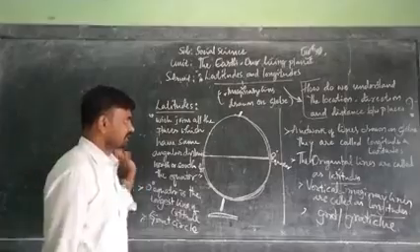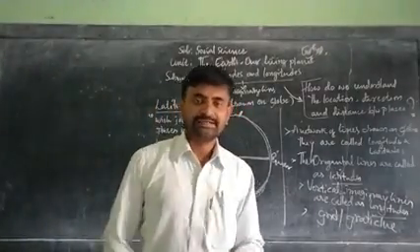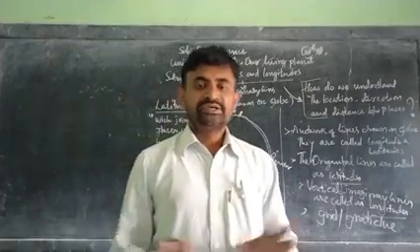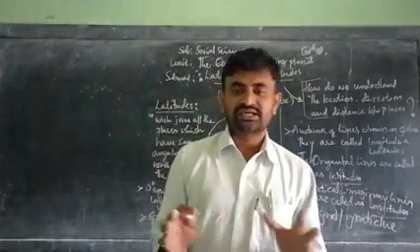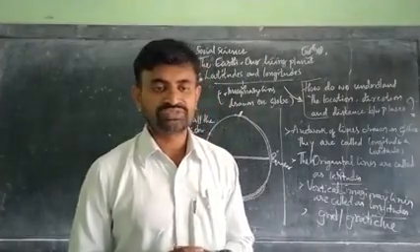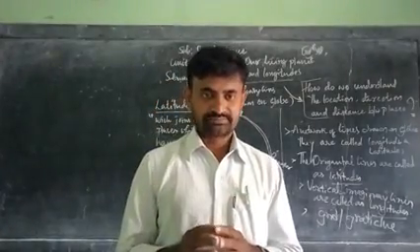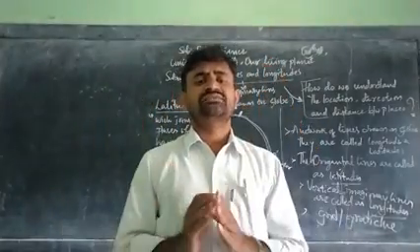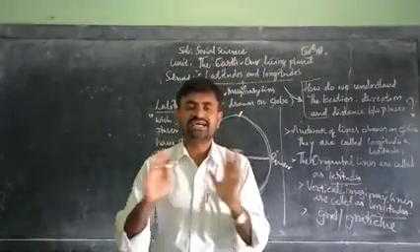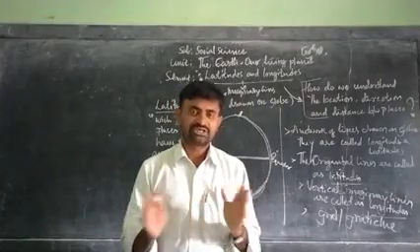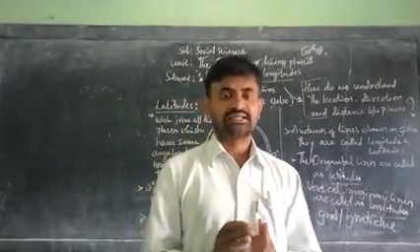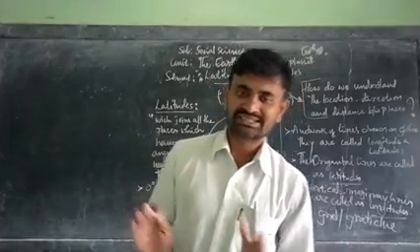The equator is known as the great circle, and it is equal to the circumference of the earth. Other lines of latitude are of shorter length.